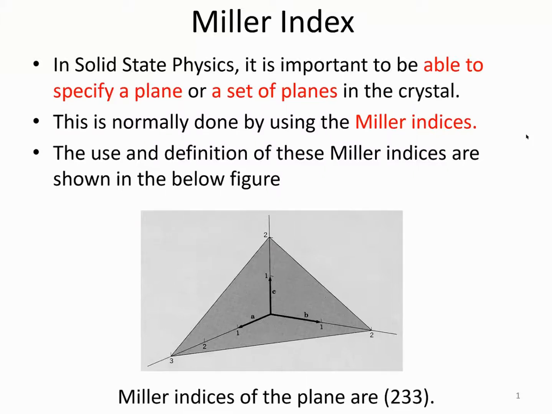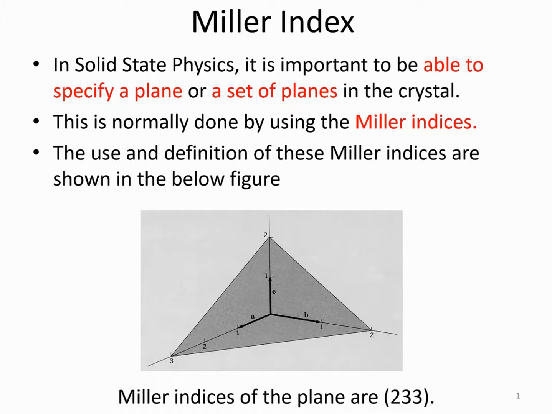Alright, so we are now in chapter 3. This chapter 3 is about the Miller Index. So why do we need to study the Miller Index? Because later on in chapters 4 and 5, we'll go through X-ray crystallography. X-ray crystallography involves the diffraction pattern.